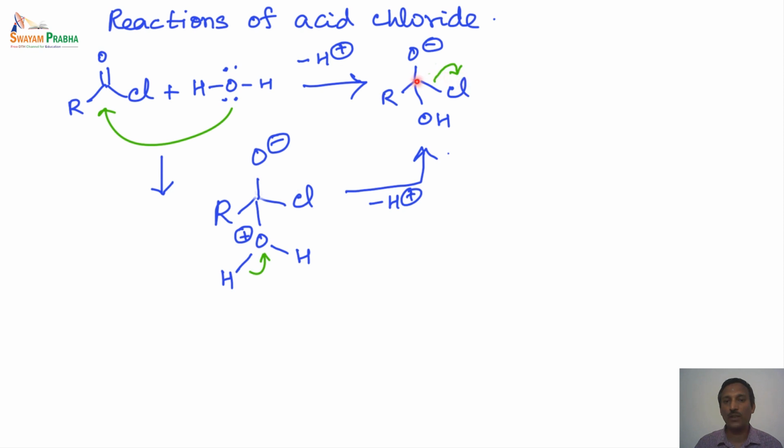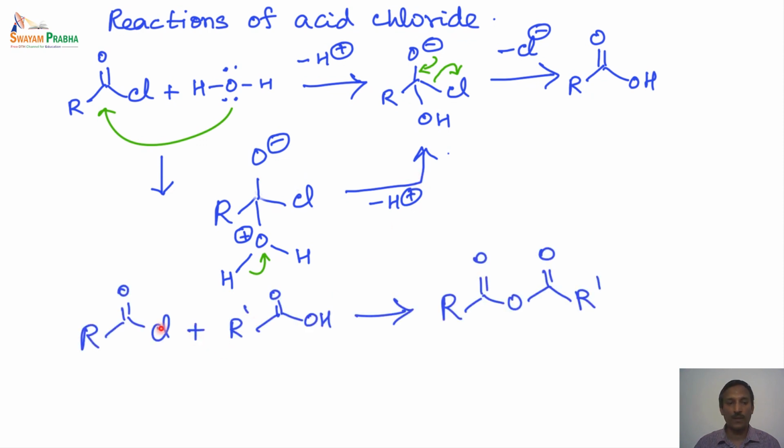To compensate for the loss of electrons on the central carbon, the minus charge on the oxygen is shared between carbon and oxygen, so that forms a double bond. Now the loss of Cl minus produces carboxylic acid. So this is how the reaction actually proceeds. And there is a chloride ion and an H plus ion, so these two combine together to form HCl. If acid chloride is treated with a carboxylic acid, we end up with the corresponding anhydride.